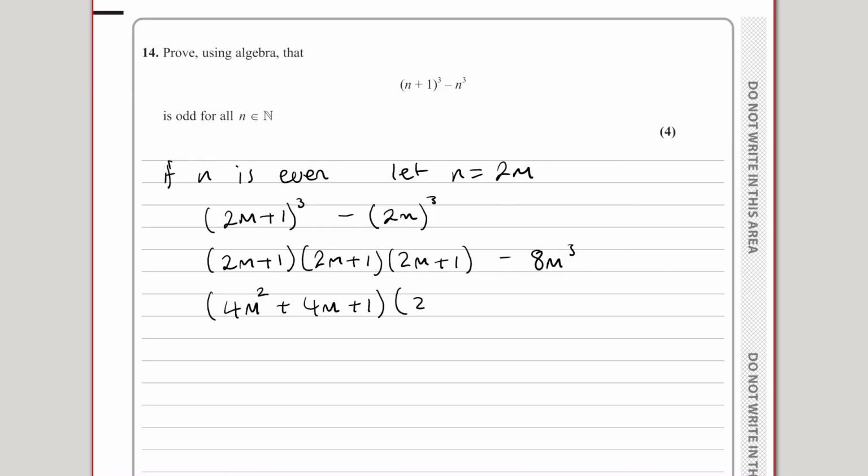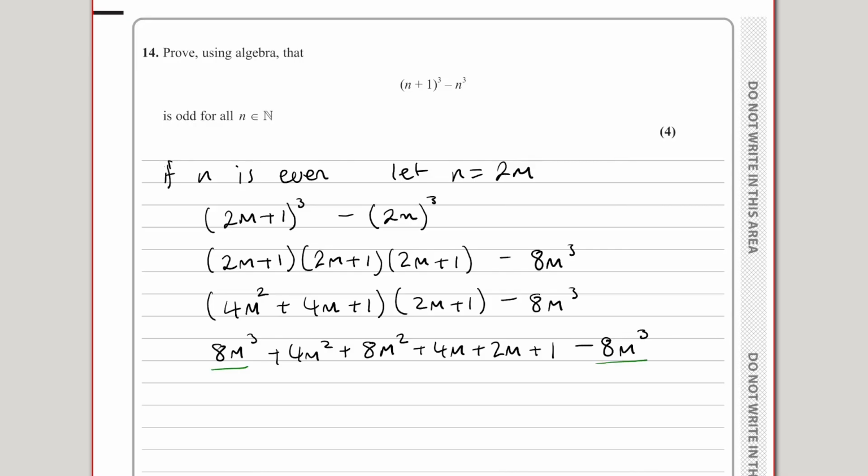plus 1, which is 8m³ plus 4m² plus 8m² plus 4m plus 2m plus 1 minus 8m³. So my m cubeds cancel out. I've got 12m² plus 6m plus 1.